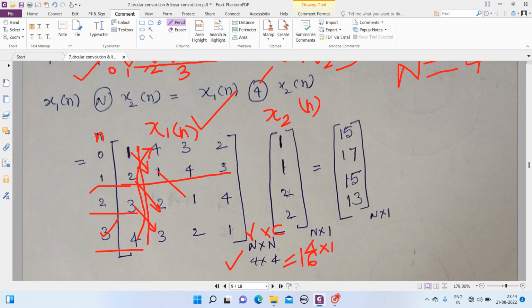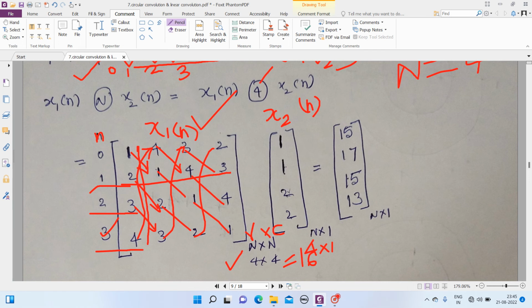Similarly, this 3 goes here, and this 4 comes here. The last row of the second column goes to the first row of the third column. Similarly 3, 4, 1, 2; the second goes to the last column of the first row. That's all.